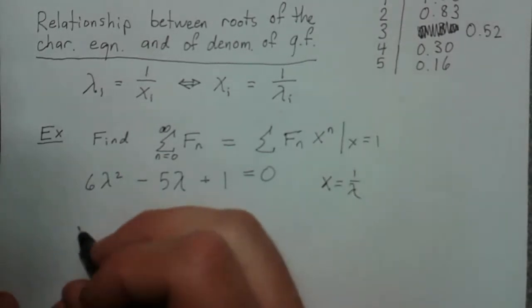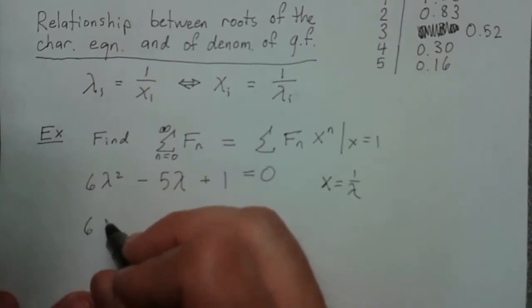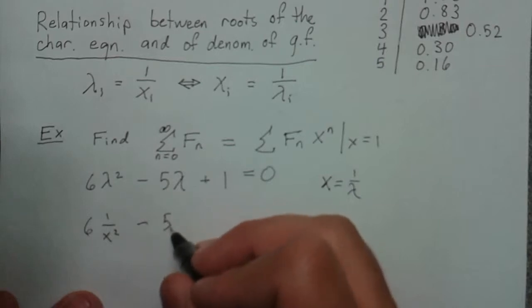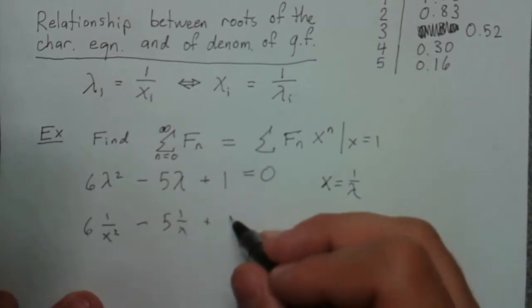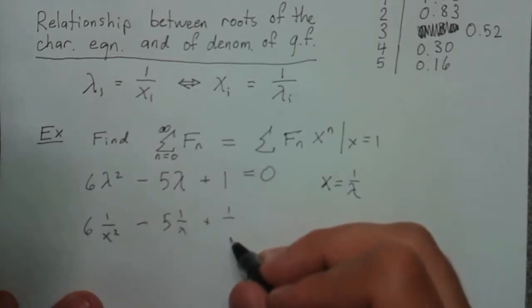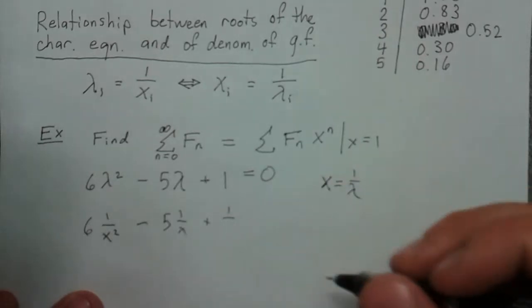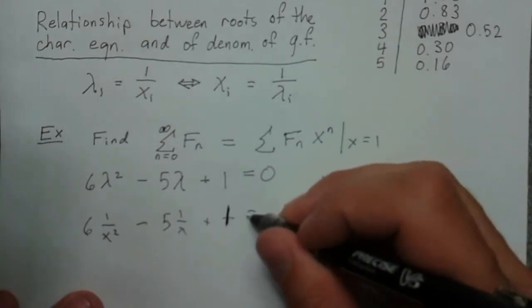And so what you can do here is this is just 6 times 1 over x squared minus 5 times 1 over x plus 1 times 1 over, oh, did I do this in the wrong order? 1, oh yeah, this is just 1.